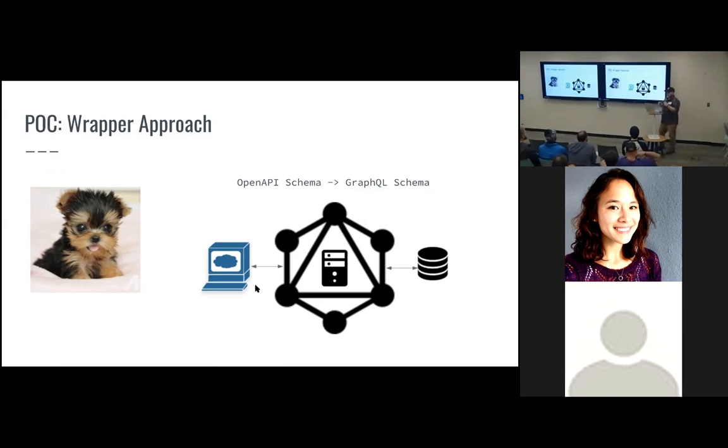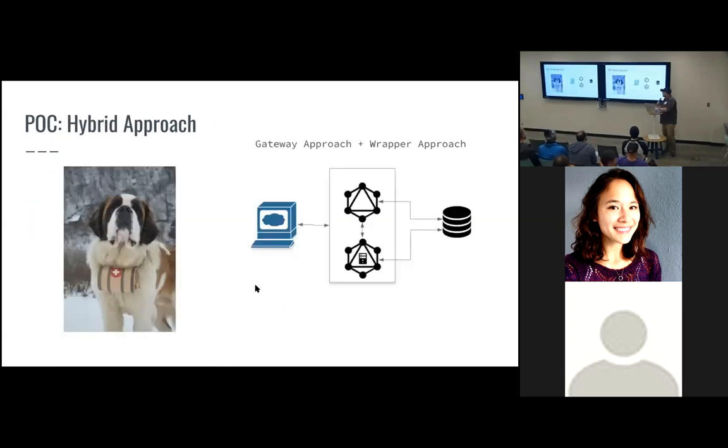So they sit side by side, and it allows you to build a new GraphQL service while your other one is still functioning. Level of effort here is, there it is. We found it. This one's a Beethoven. This is a big effort too. It's not quite as big as the Great Dane, but there's some work involved. So we're going to focus on the wrapper approach of just throwing an OpenAPI schema at our app.